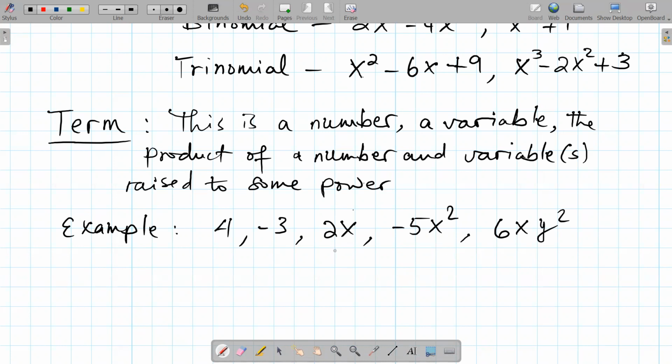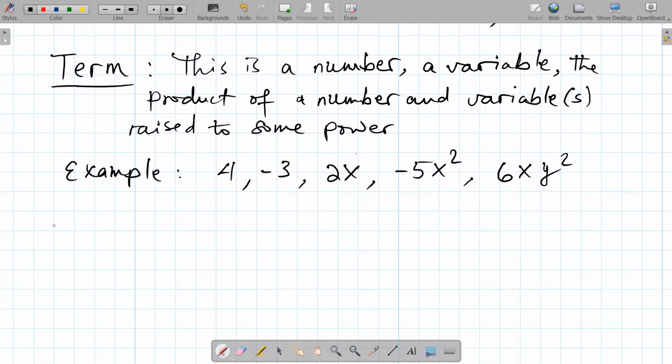These are all terms. So they could be numbers, or the product of a number and a variable, or with the variable squared, or with some power, or you could have multiple variables in that term. Okay.